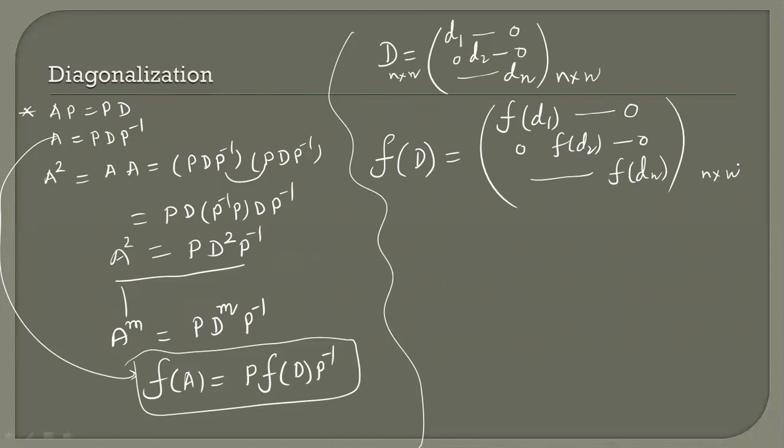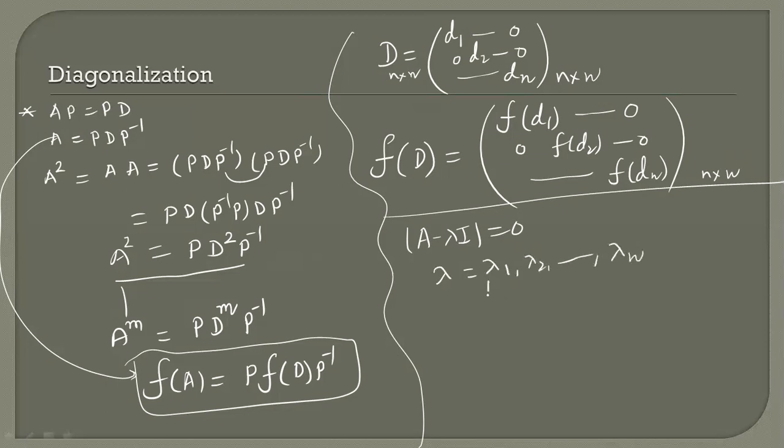How to write the diagonal matrix D and the P matrix? Let's see that. Suppose the characteristic equation is determinant of A minus lambda I equal to 0, and the eigenvalues are lambda 1, lambda 2 and lambda n. Corresponding to lambda 1 you get eigenvector E1, E2 for lambda 2, and En for lambda n.